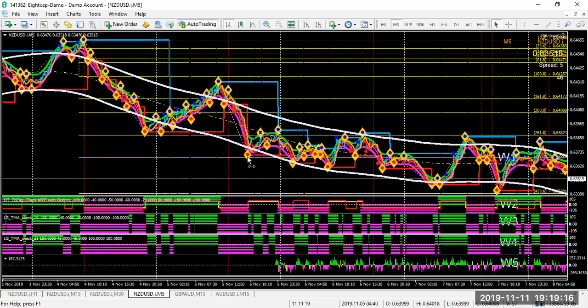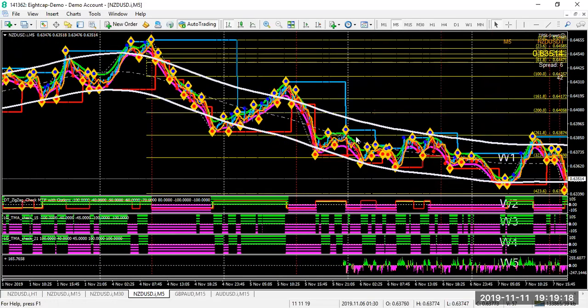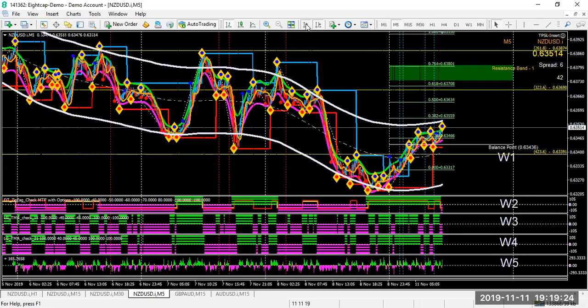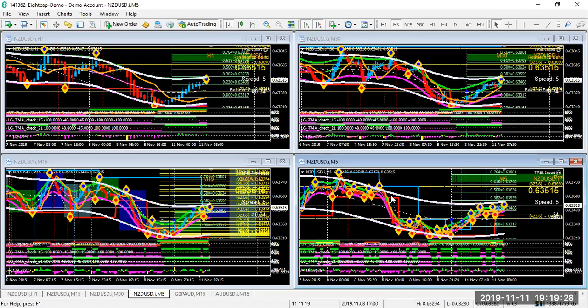Okay, so you can see the opportunity here. It's not rocket science, it's just a great template. Okay, so having that, that's the reason why I've made the 1 hour in a very bold white, so you can clearly see that shape when you have your multi-chart.